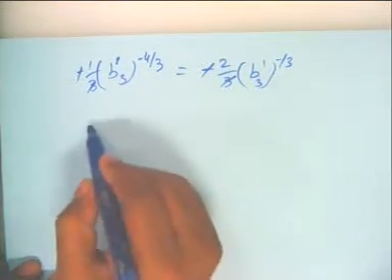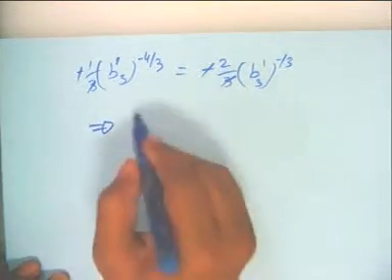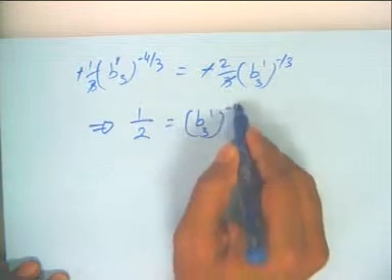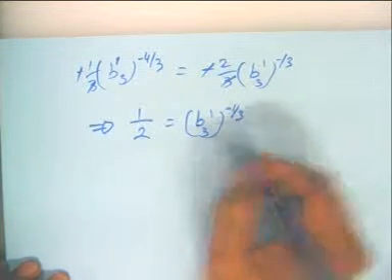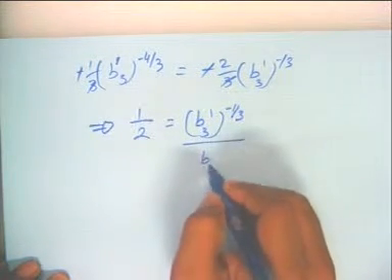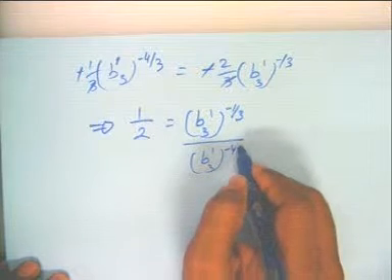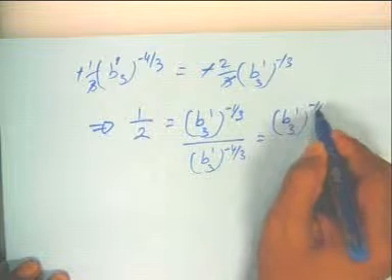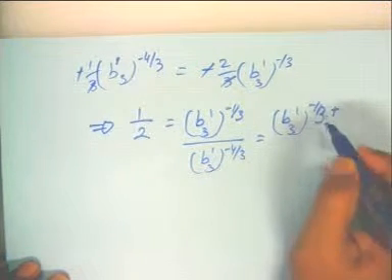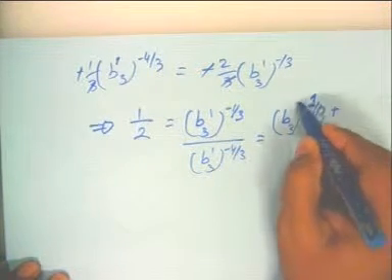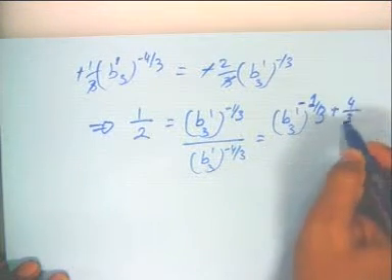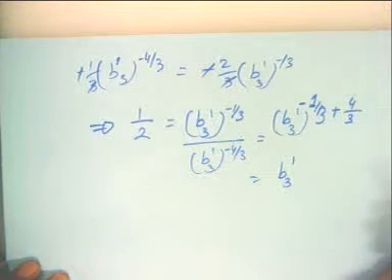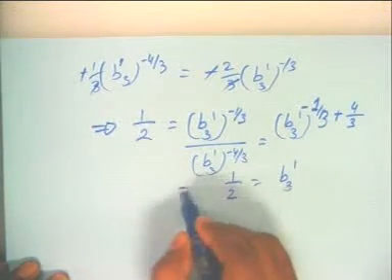So, now we will have 1 upon 2 is B3 prime minus 1 upon 3, divided by B3 prime minus 4 by 3, which is equal to B3 prime minus 1 upon 3 plus minus 1 upon 3 plus 4 upon 3. So, this will become B3 prime. Okay. That should be equal to half.